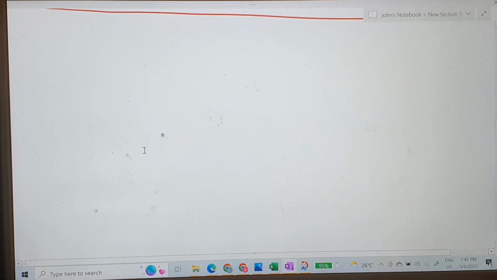Now we learned the previous time that if this vector is called A, it means from point A to B, that's how I represent this vector AB. If it's represented by vector A, then this is how I write it.